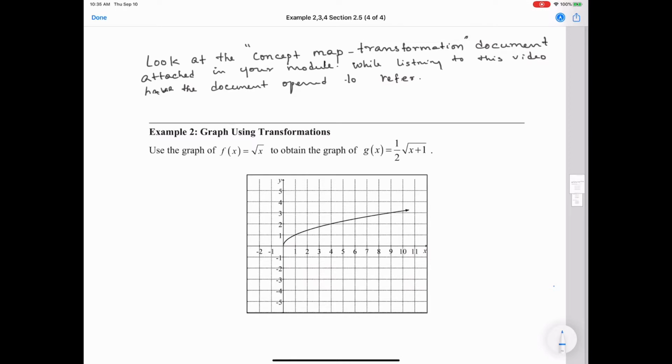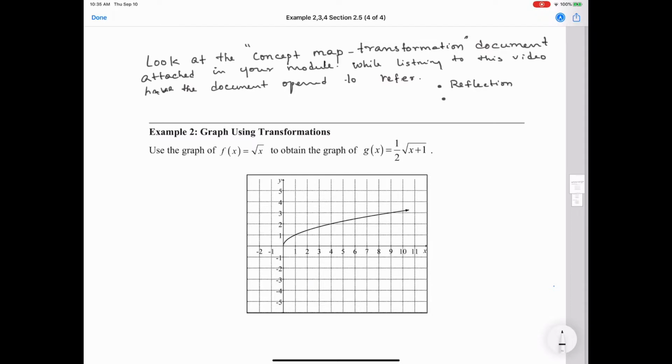Okay, the order in which I like to do the transformation is, if there is reflection, then do that first. Now, again, both in the horizontal or vertical direction.